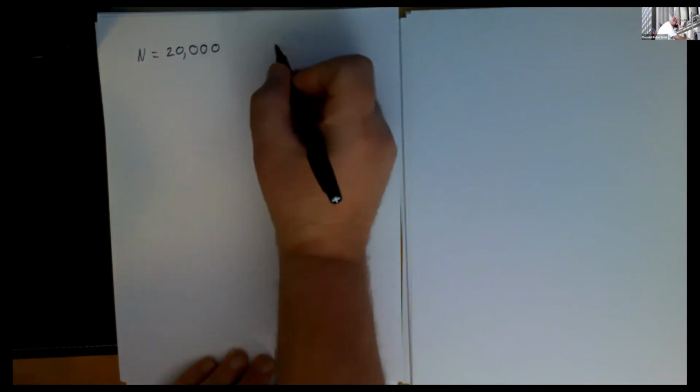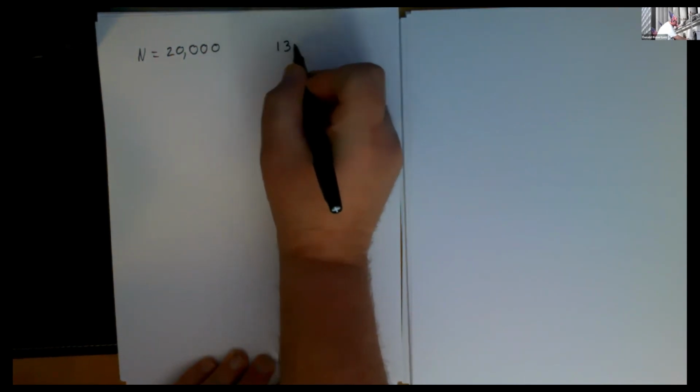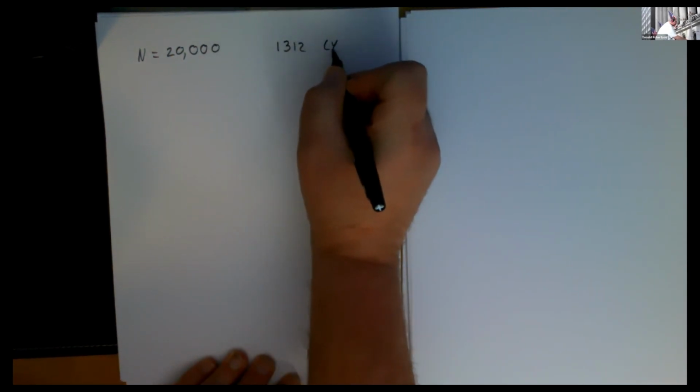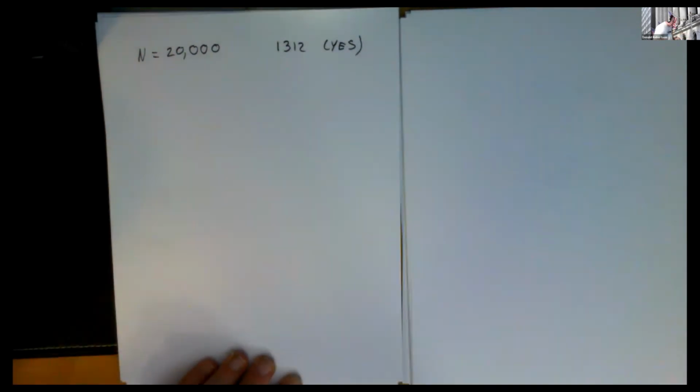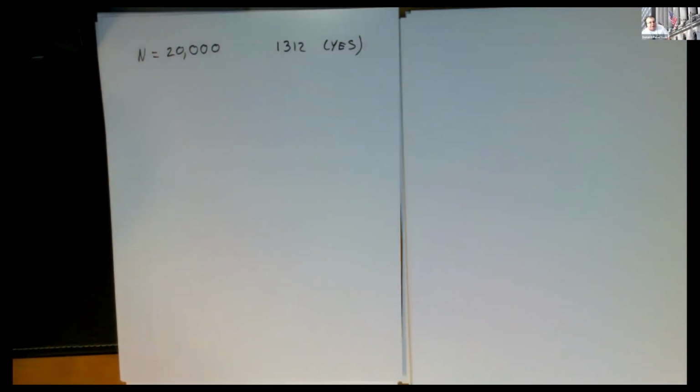And they went and asked them, and 1,312 of them said yes. Not a very big percentage, but never mind. 1,312 of these people said yes, they actually like watching soap operas on TV. So it's quite a small percentage.